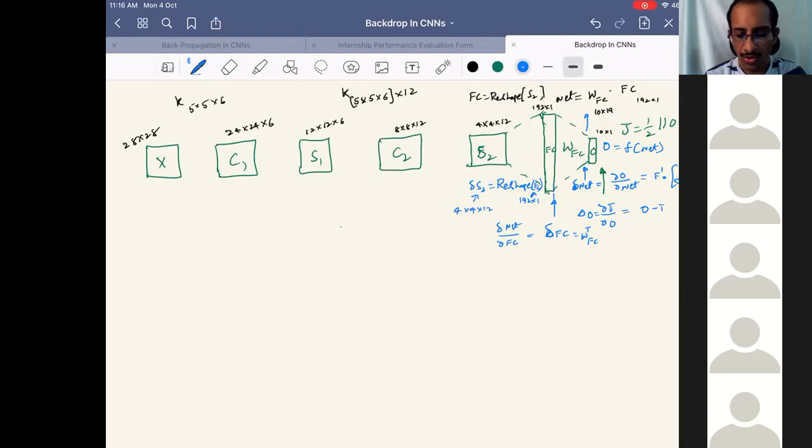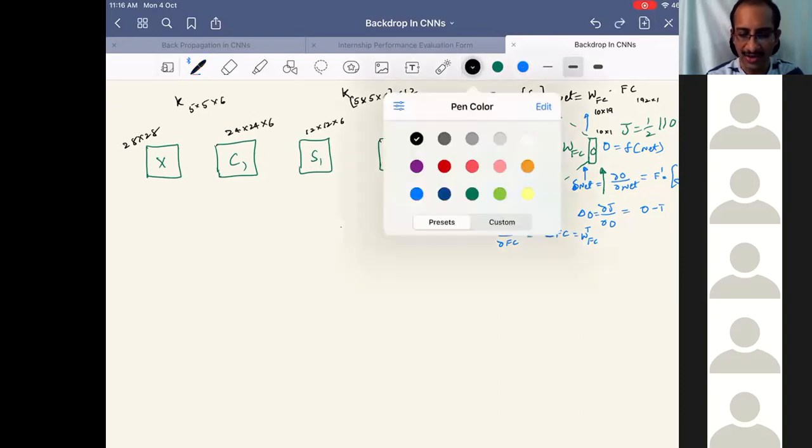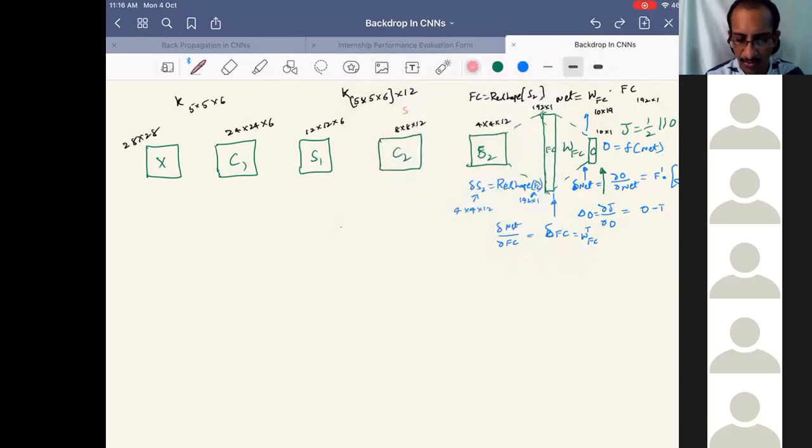Now what will happen to S2 here? In the forward propagation, S2 is equal to a downsample of C2.